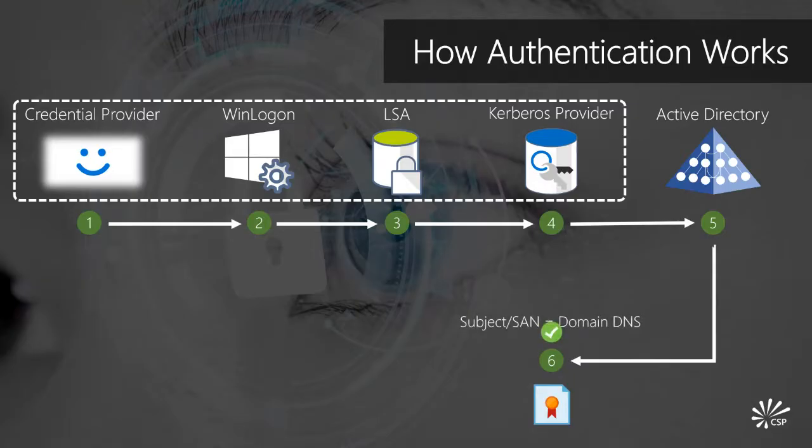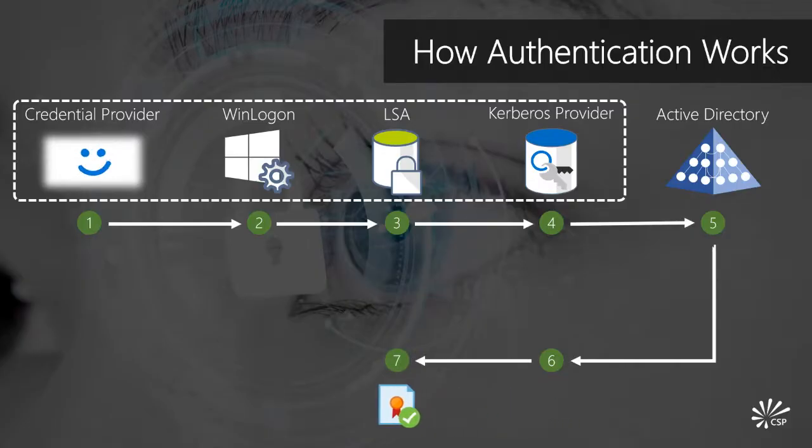The Kerberos provider is going to validate the KDC's response by validating the signature of the KDC certificate that signed that response. This is pretty much done by validating that the certificate's subject name or subject alternative name values include the same DNS name as the domain that Windows is trying to authenticate against.